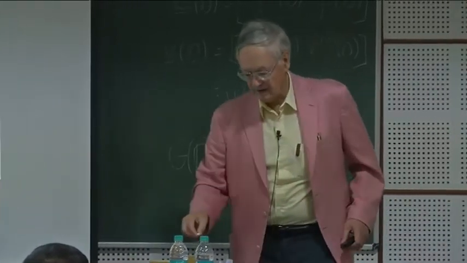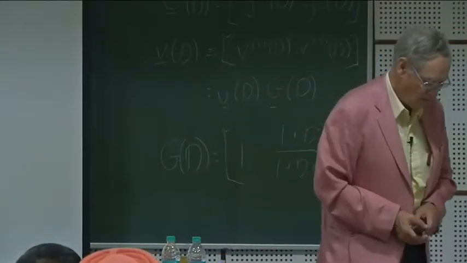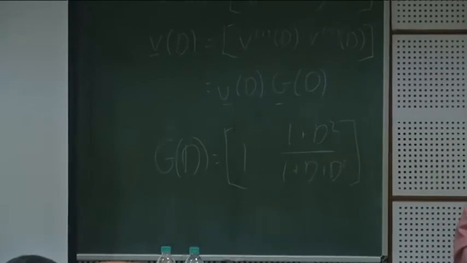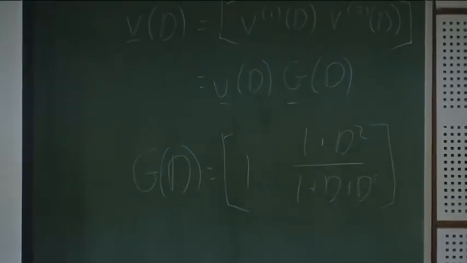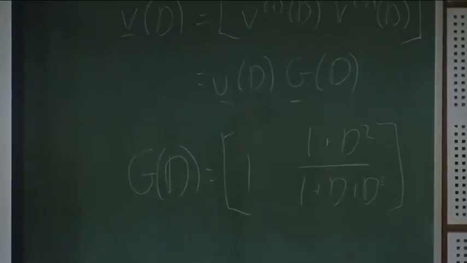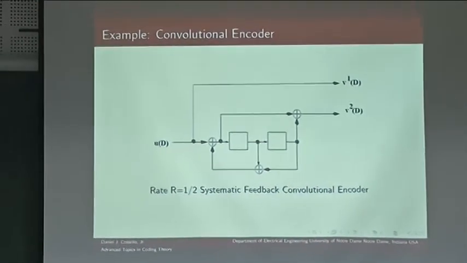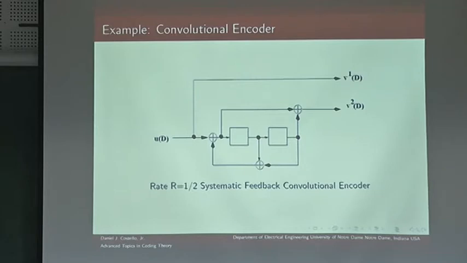So it's a feedback encoder. Now, we'll say more about this next time, but here I just want to look at the state diagram and the trellis diagram. And if you've done this type of thing with linear systems, you kind of know how this works.